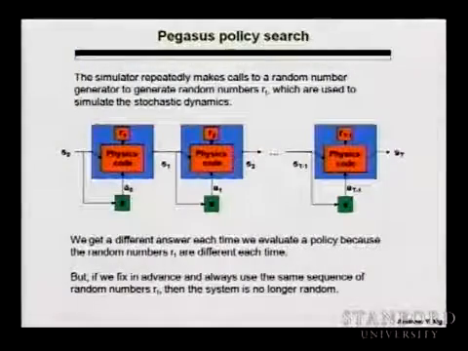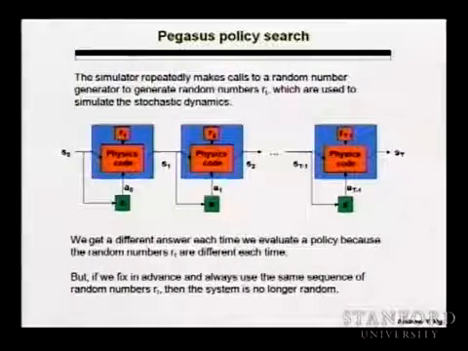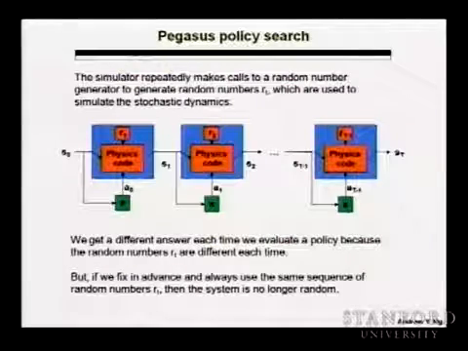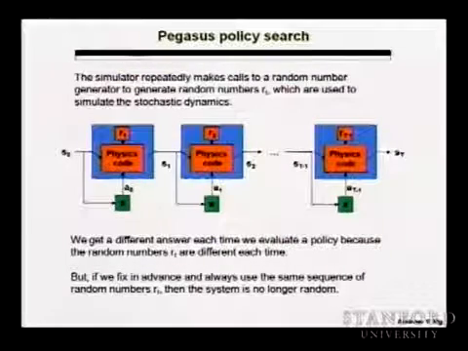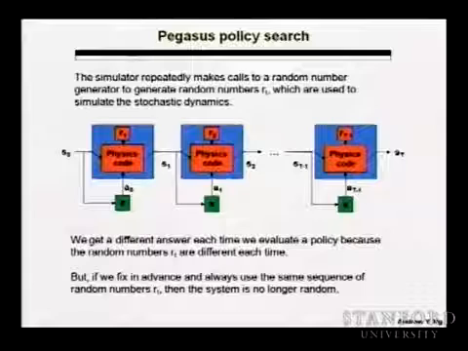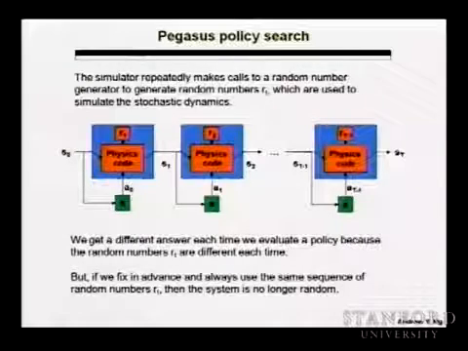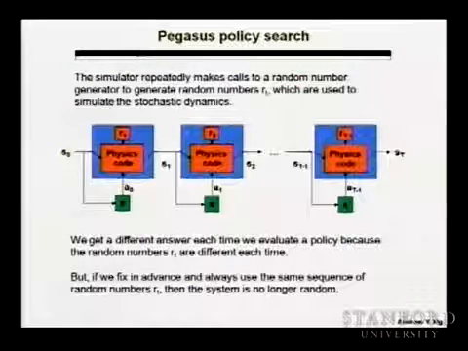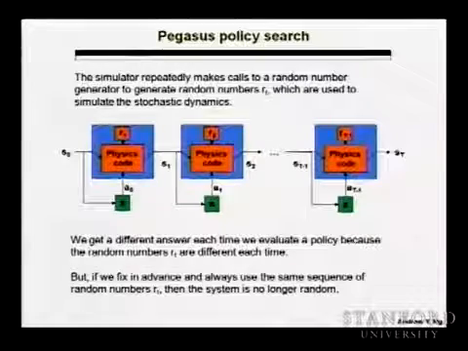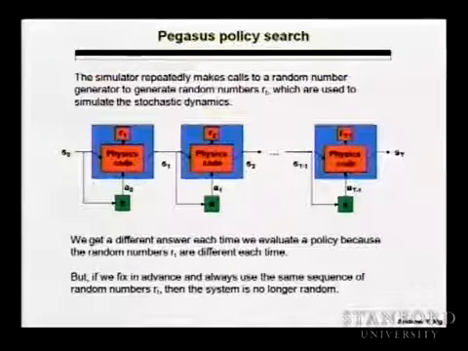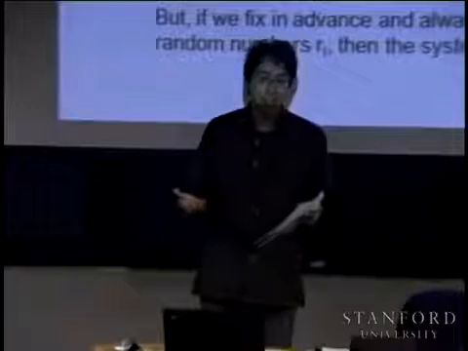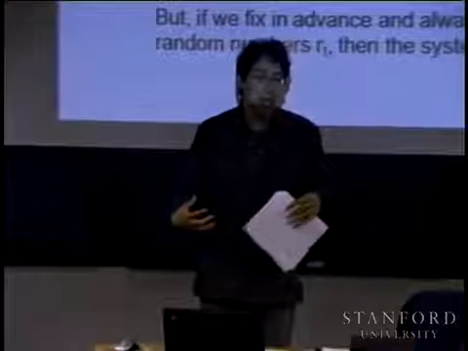In the way you do this, for the sake of simplicity, I talked about one sequence of random numbers. But imagine that the random numbers are simulating different wind gusts against your helicopter. What you want to do isn't really evaluate against just one pattern of wind gusts. What you want to do is sample a set of different patterns of wind gusts and evaluate against all of them in average.